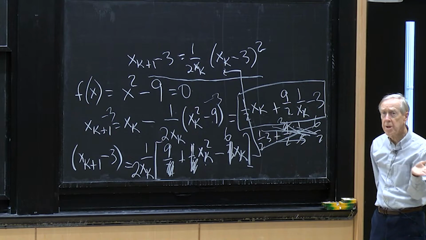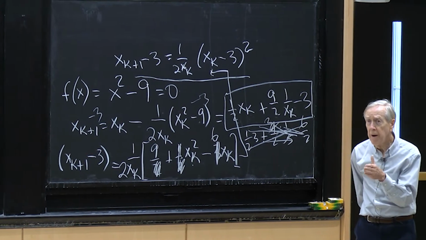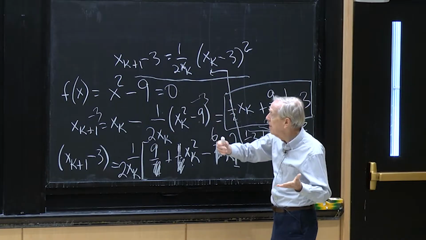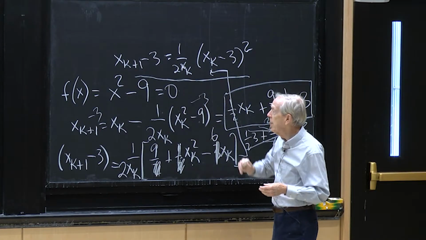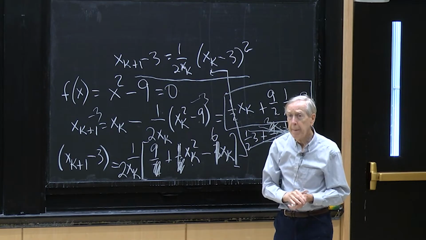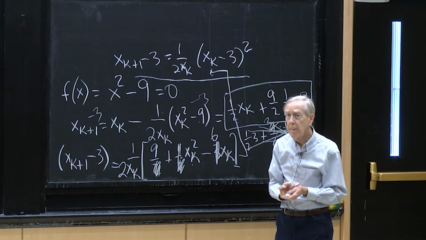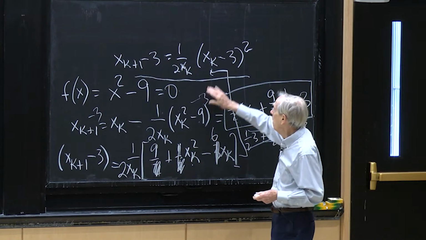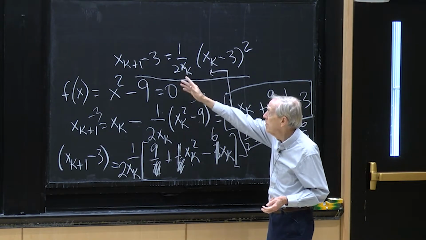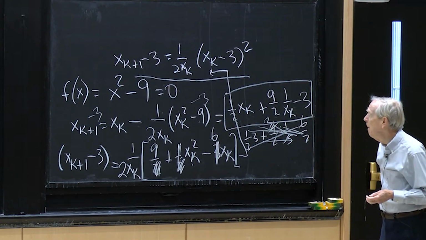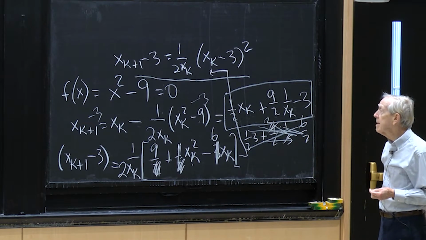If you can execute it, if you can start near enough, notice that, so how do I describe this great equation? It says that the error is squared at every step. So if I'm converging to a limit, it will be 3, or I guess minus 3.